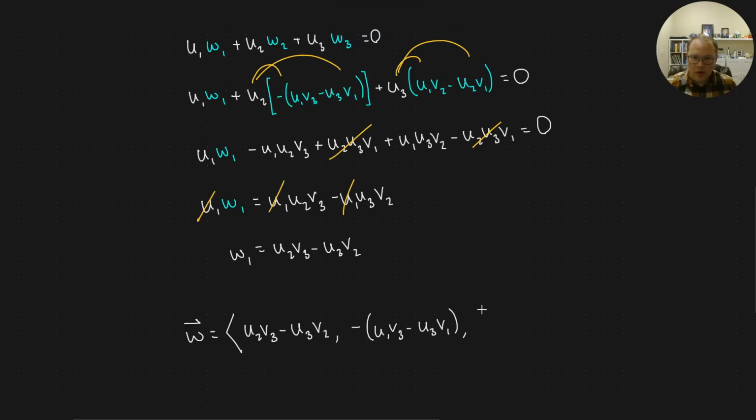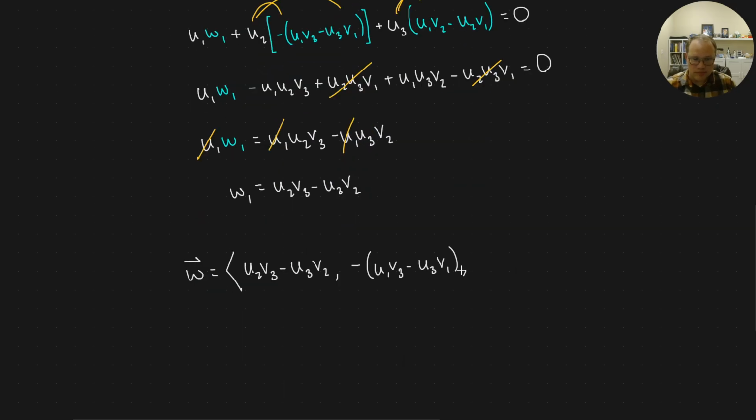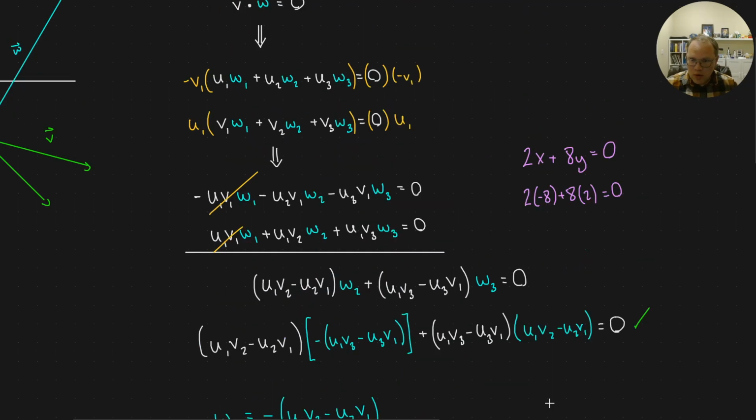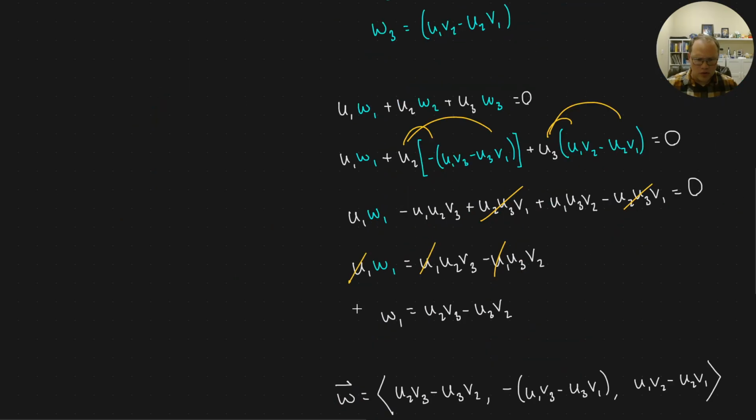And then the third component, my W3, right here, U1 V2 minus U2 V1. Okay? This is a vector that would be orthogonal to these two vectors, whatever U and V are. That tells us a vector that's orthogonal to those two vectors.